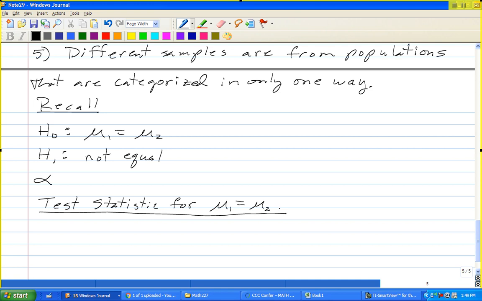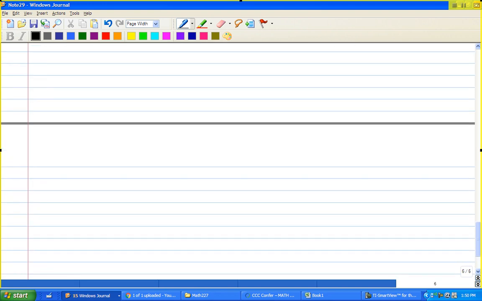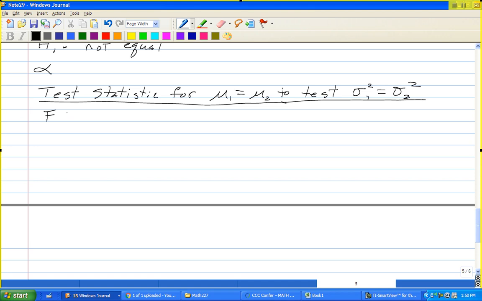For determining the pooled or unpooled case, we had to check if these variances were equal. To check that, we had to look at S1 squared over S2 squared.